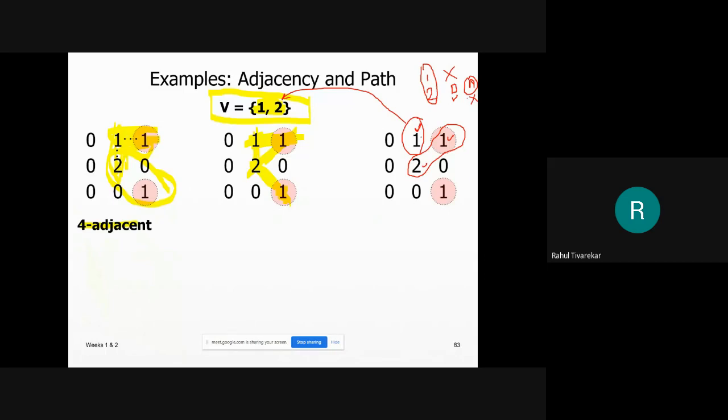Hence the AND condition, that is the intersection condition, is not satisfied, and hence pixel 1 and pixel 2, which are these two pixels, are not M adjacent. So let's see once again what we have so far.